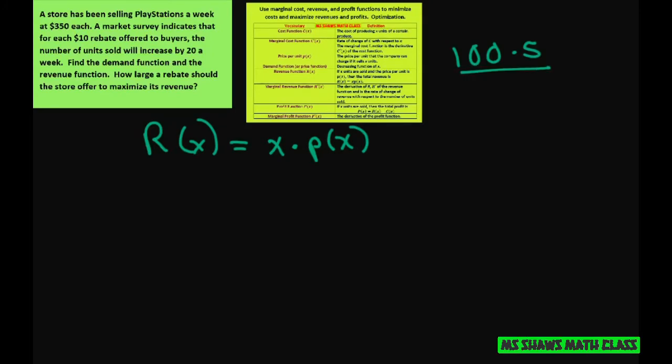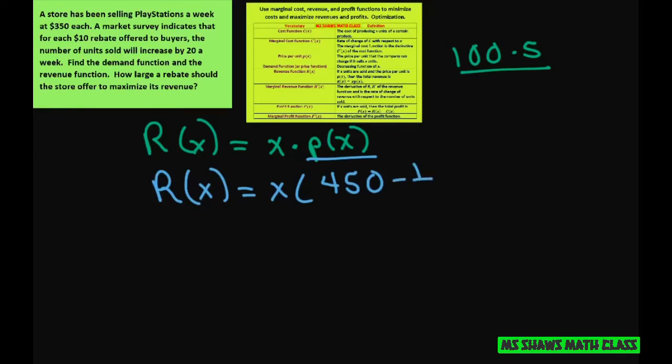Well, so we're going to write R of X equals X times our price function, and that's going to be 450 minus 1/2 X. Now distribute that, and we get 450X minus 1/2 X squared.